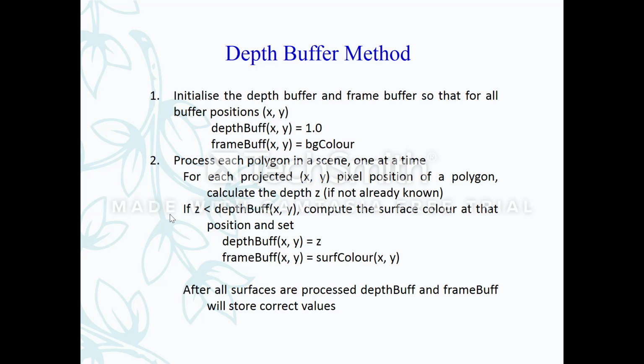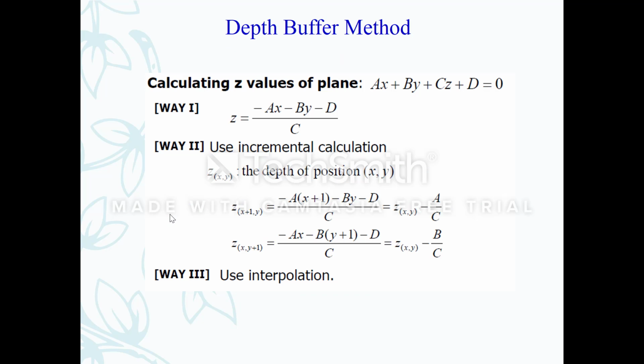How to calculate the depth, I'll show in the later slides. If z is less than depth buffer x, y, compute the surface color at that position and set depth buffer equal to z and frame buffer equal to surf color x, y. After all surfaces are processed, depth buffer and frame buffer will store the correct values.